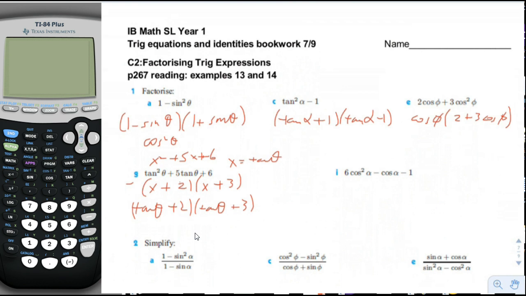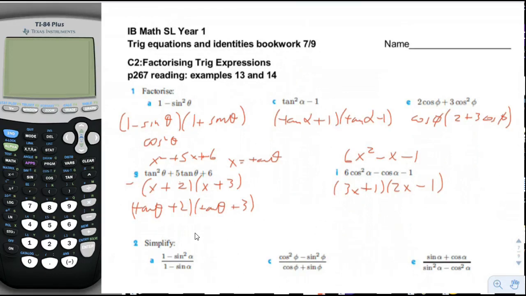Next one, let's see, substitution method, 6x squared minus x minus 1. So that would be equal to maybe a 3x, 2x, maybe this would be plus there.